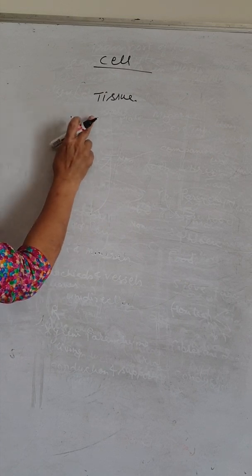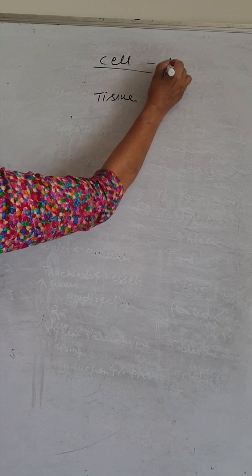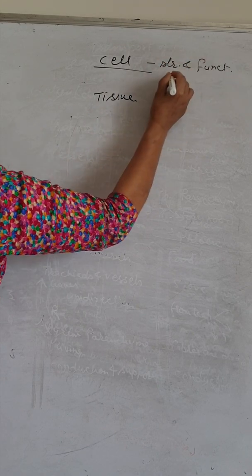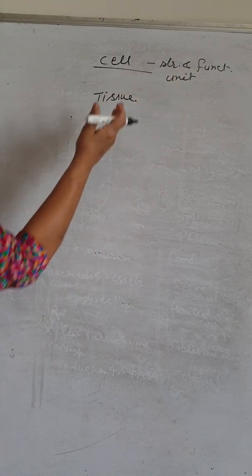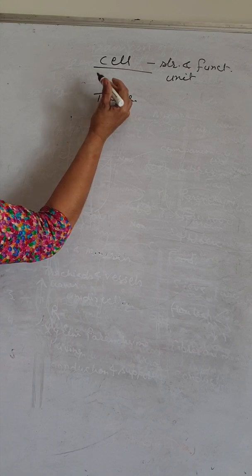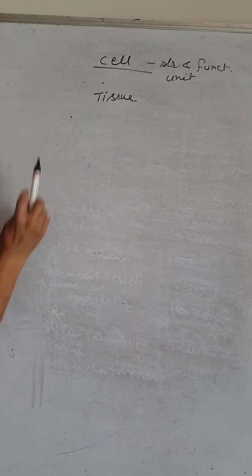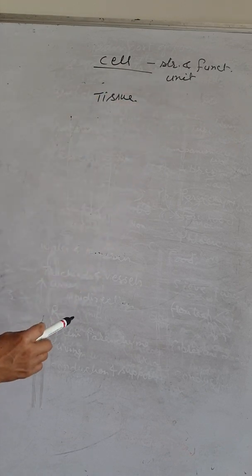As we already discussed, the cell is the structural and functional unit of living beings. Or easily we can say all the living things are made up of cells. So the cell is the structural and functional unit of life.